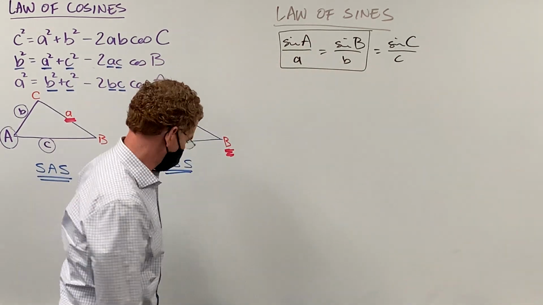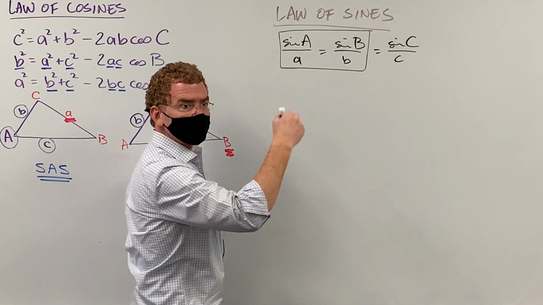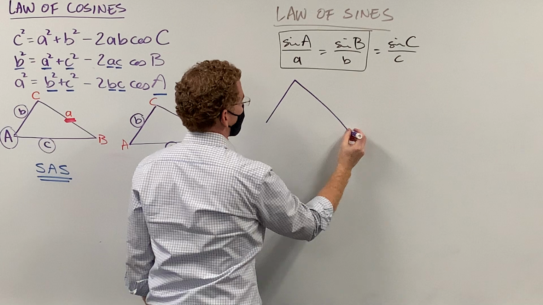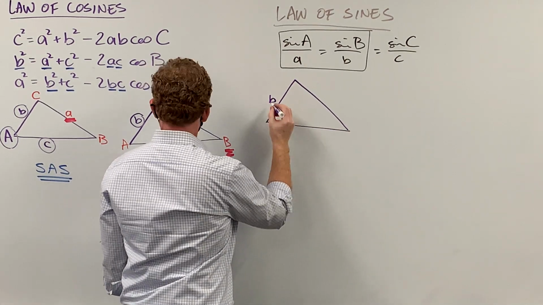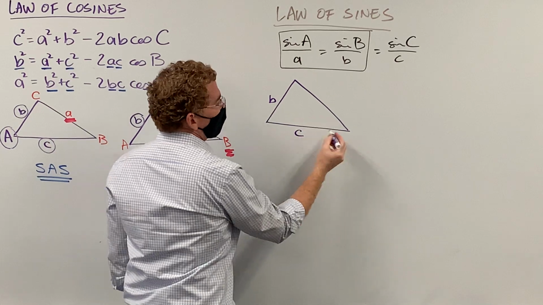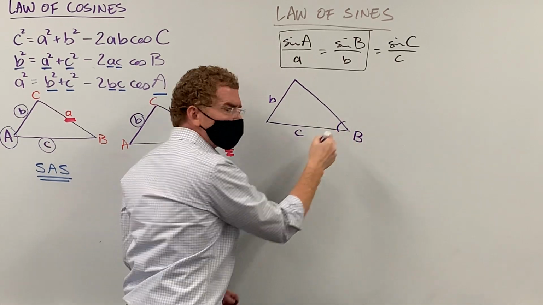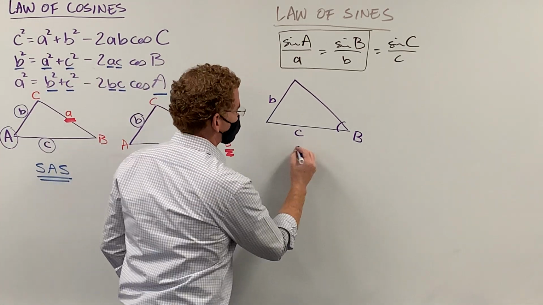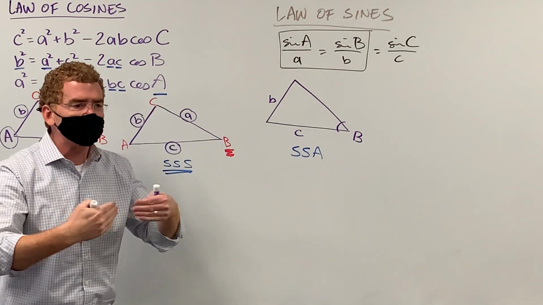Well, what's left? What other given situations would be left here? Side, side, angle. If I know a side like B and a side like C and an angle like angle B, yes, that is a situation that would work, and that is side, side, angle. And again, it's not how I'm listing them.